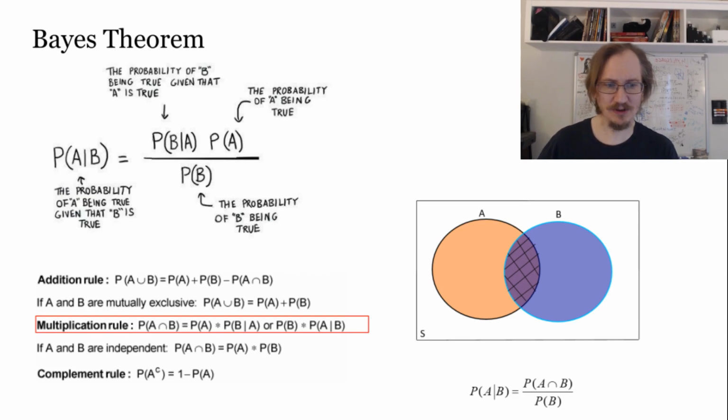And that's what you see in this form, where you have A intersect B in the numerator divided by the probability of B. So let's say the probability of B, the whole circle, being true is 50%, and let's say the probability of A being true is also 50%.